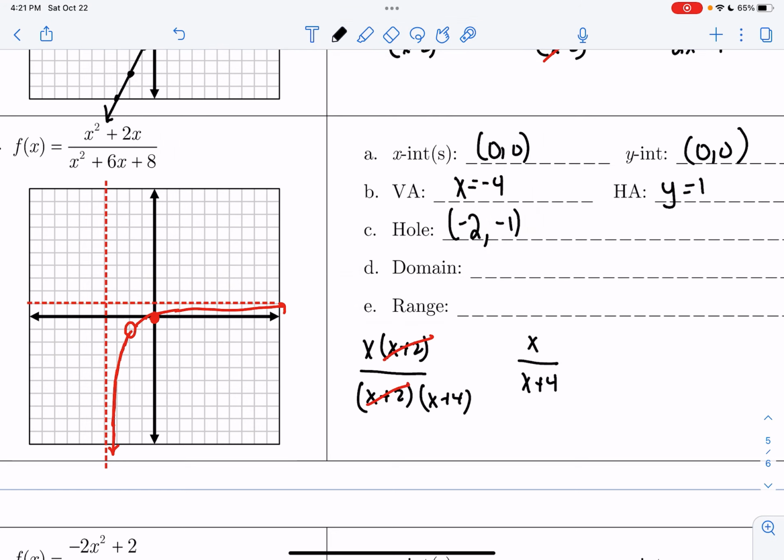In this case, I'm going to go up 2, left 2, up 2, left 2 to get to this point right here. Even though we use a hole as a reference point, this point is going to be a closed circle because we include it. And then same thing with my y and x-intercept. Up 1, left 4, up 1, left 4 right here.